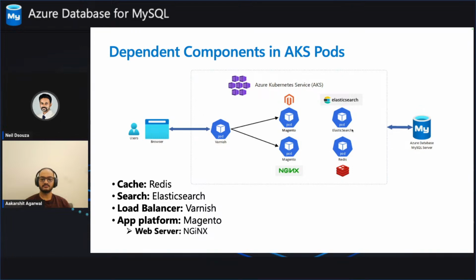There are some other implementations of search with other integrations, which we will look at in the future. Another component is Redis cache, which is also deployed into an AKS pod, and it provides caching services for database access. And finally, the connectivity to Azure Database for MySQL. So this is the overall architecture of this template.